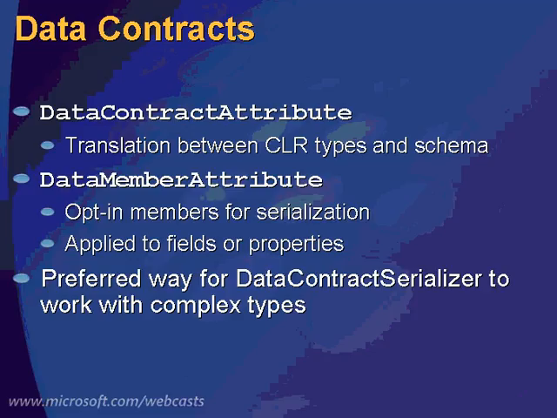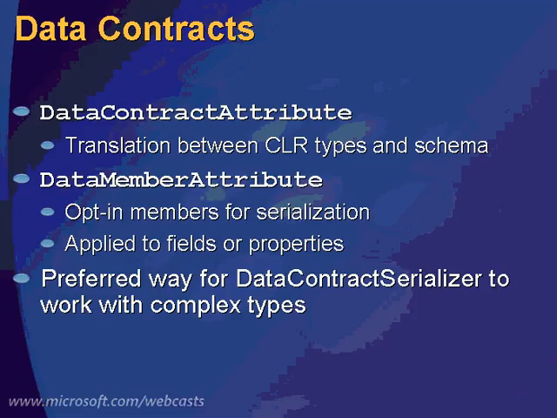So the DataContract attribute gets applied to a type, and that allows you to map the type to schema. So the WSDL contract will generate a schema for your types that are marked with the DataContract attribute. And then you have to opt in every member. So similar to where the service contract has the OperationContract attribute for every method, the data contract has the DataMember attribute for every member you want to include in serialization, and you can apply it to a field or a property.